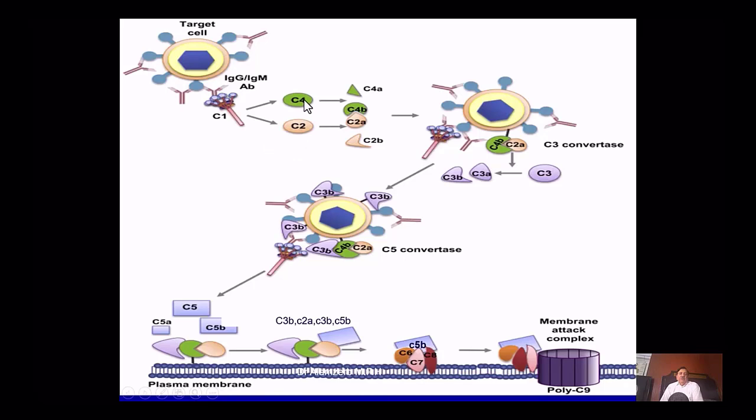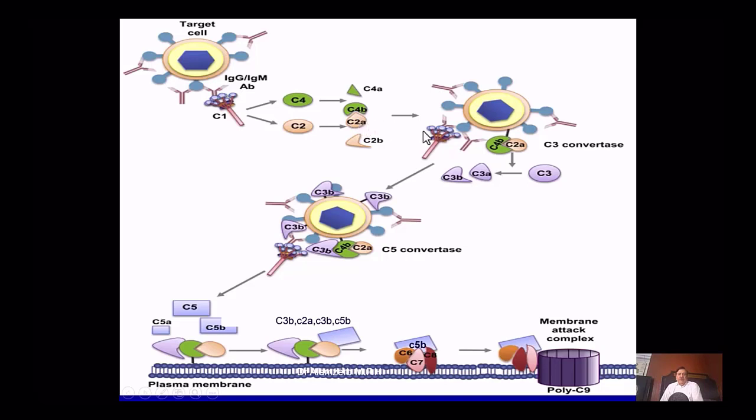This C4 is broken down into two portions. One is the small portion, C4a, which diffuses into the plasma, and the activated portion, C4b, binds with the activated portion of C2 and makes a complex.